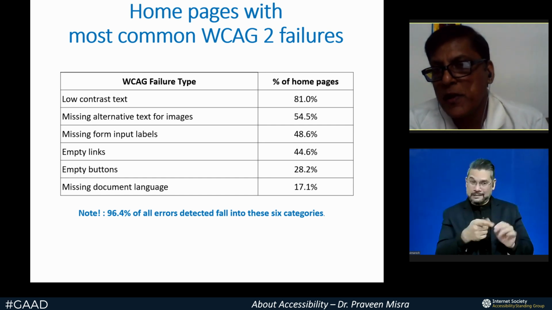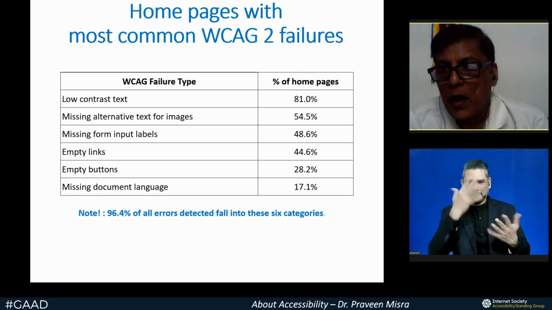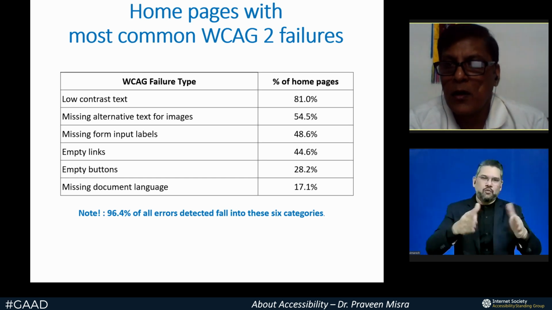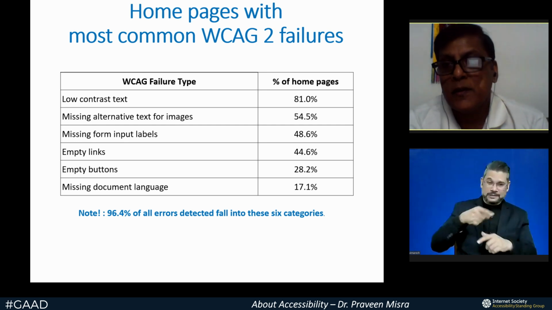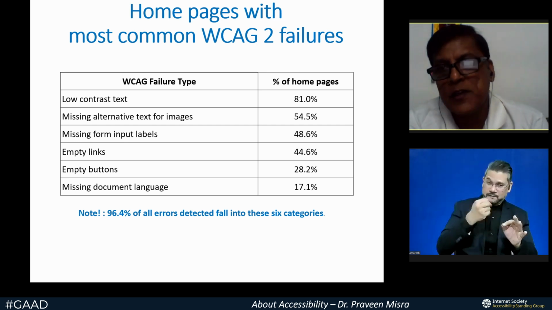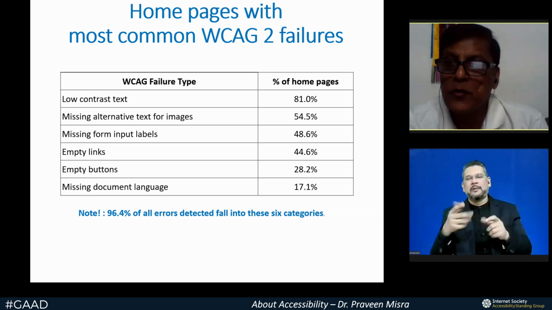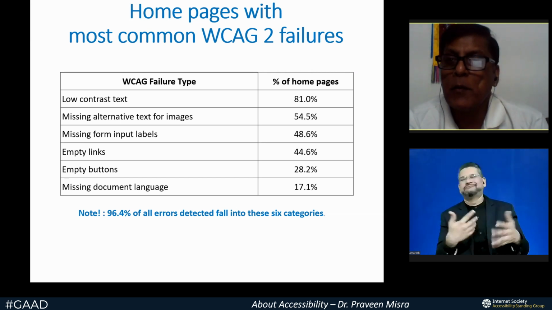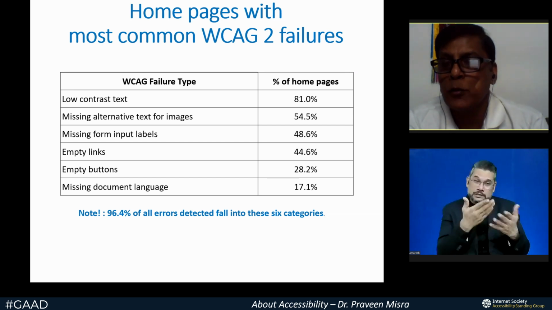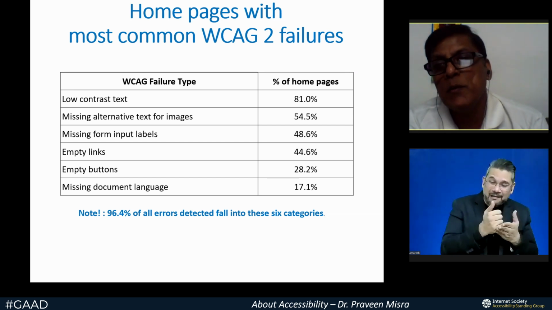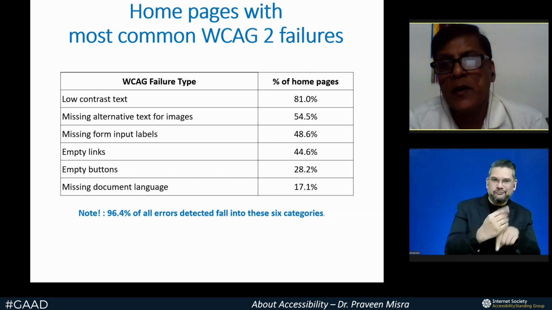So maybe there's a picture of a road or some monument. Whether the alternate text given is really a description, because I've seen in many cases people just put some garbage out there without realizing that it is meant for a particular purpose and should be accurately readable by a screen reader for describing an image.